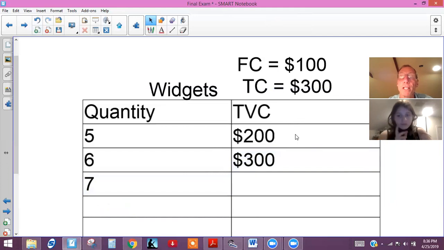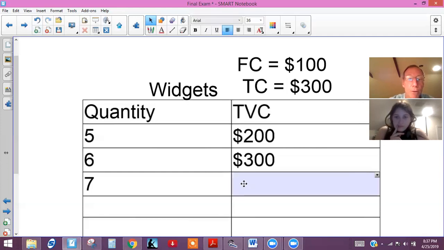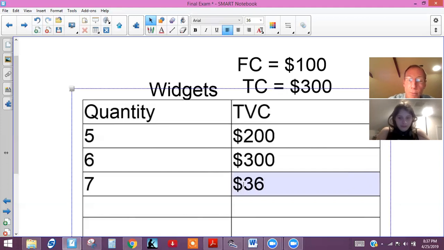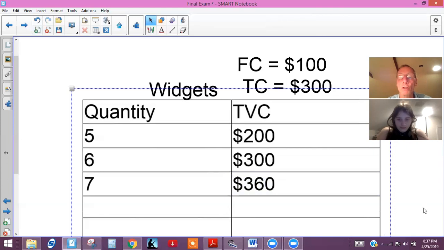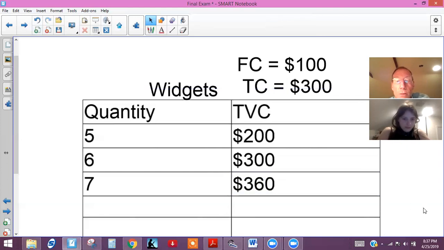The fixed cost is set, so that doesn't change anything. If this is 300, and the 7th widget total variable cost is 360, what is the marginal cost for the 7th widget? $60. You get it.